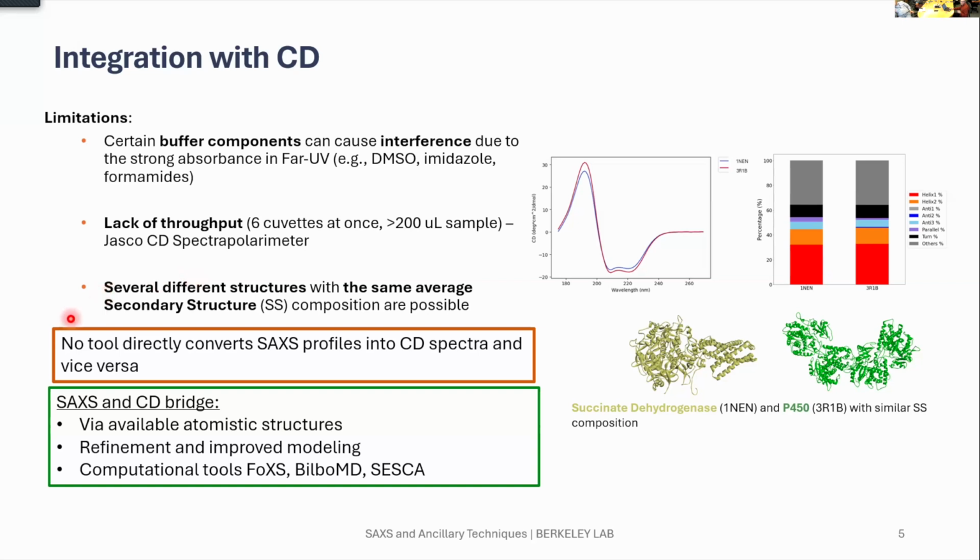Another thing, and the most important limitation, is where SAXS comes in: differences in structures. We can have very similar profiles of secondary structure content for very different molecules, and this creates a problem with interpretation of our results, because we cannot know for sure what type of structure we have in our solution.